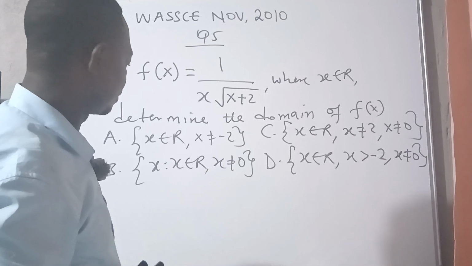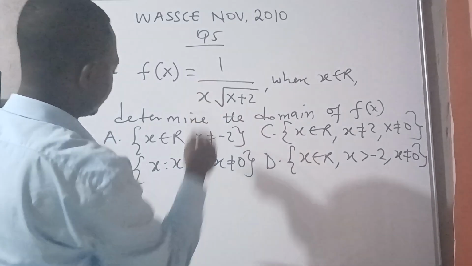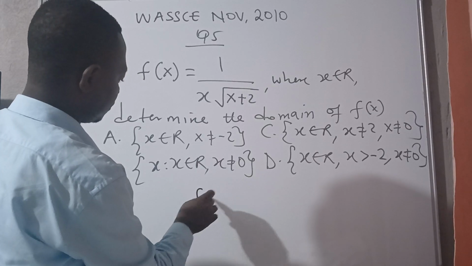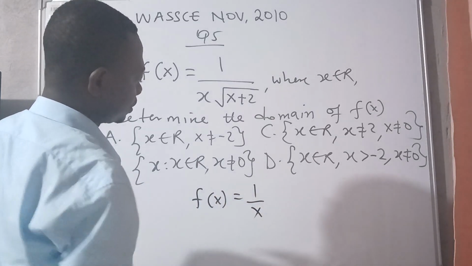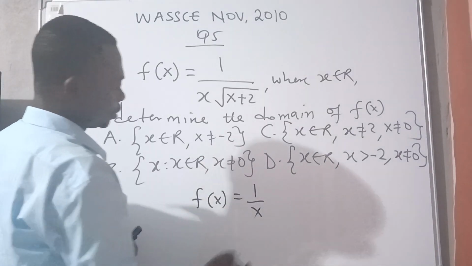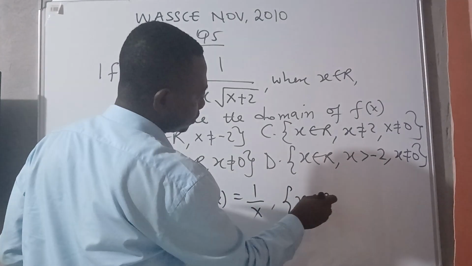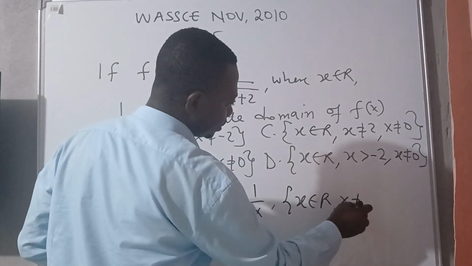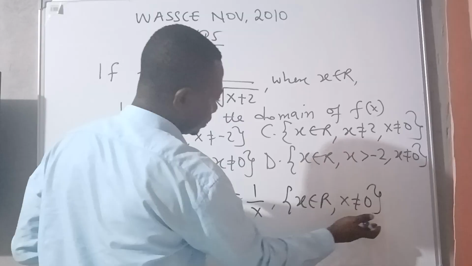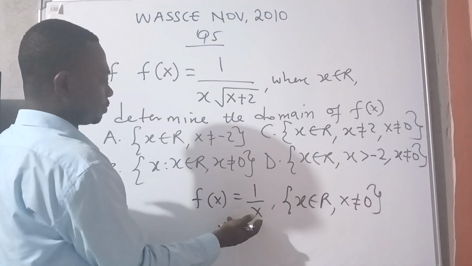So let's take that perspective: in case this were f of x equals 1 over x, the domain of this one will be x belongs to all real numbers, but x can never be 0. So that is one form of the question.